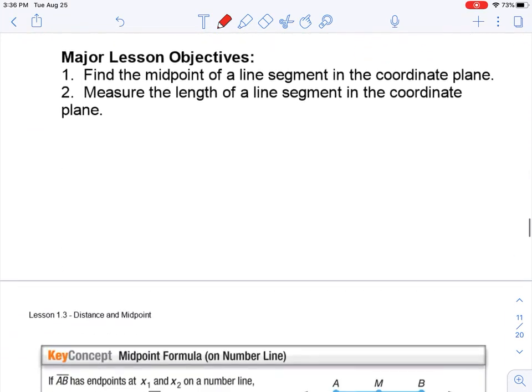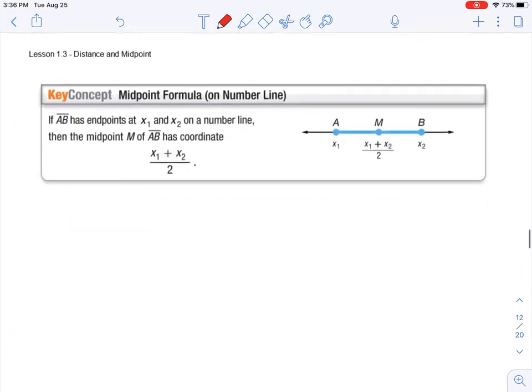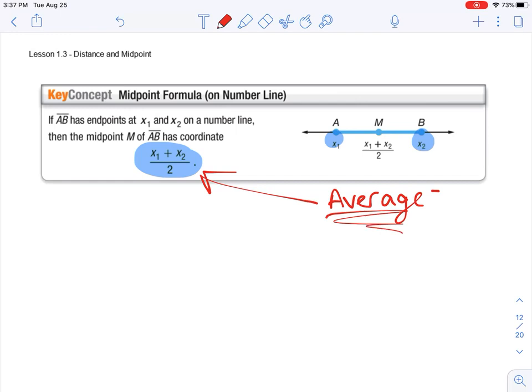All right, you'll notice we used to do this in 2 days. We're going to go ahead and continue to midpoints. The midpoint formula on a number line is basically just taking the averages. So segment AB has endpoints x1, x2 on a number line. Then the midpoint M of AB has coordinate x1 plus x2 divided by 2. This is our averages. All right, another thing.